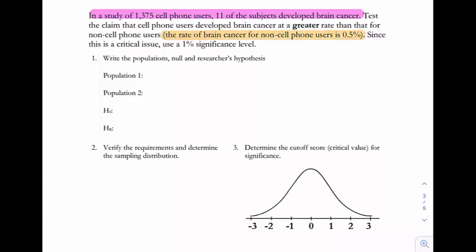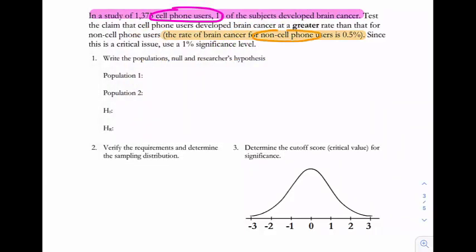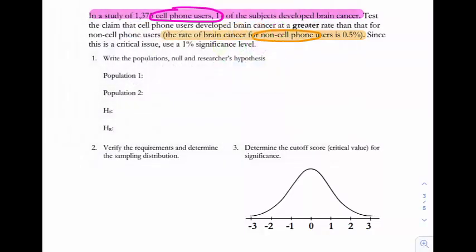It says the rate of brain cancer for non-cell phone users is 0.5%. So what we're going to do is compare both groups talking about that development of brain cancer, but more specifically cell phone users for the experiment group versus non-cell phone users for the control group.